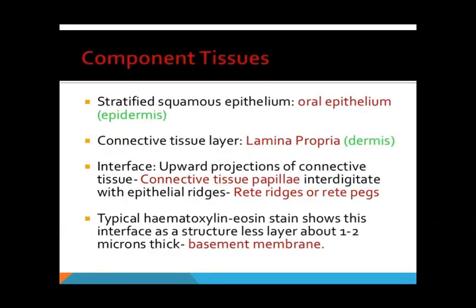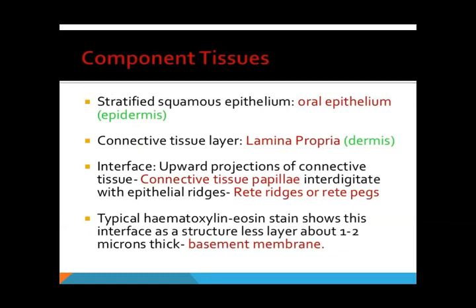Component tissues are stratified squamous epithelium, the oral epithelium similar to epidermis, and a connective tissue layer, the lamina propria. At the interface are upward projections of connective tissue. Connective tissue papillae interdigitate with the epithelial ridges.